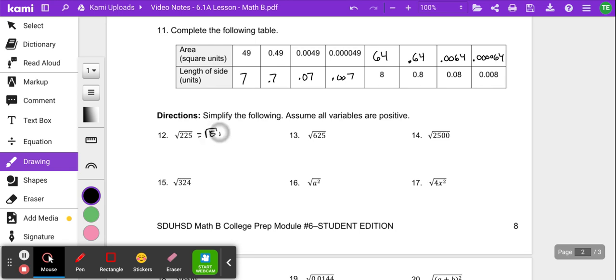I know that's the square root of 15 times the square root of 15, so I get 15. Or if I don't know, I just think of something that goes into 225.